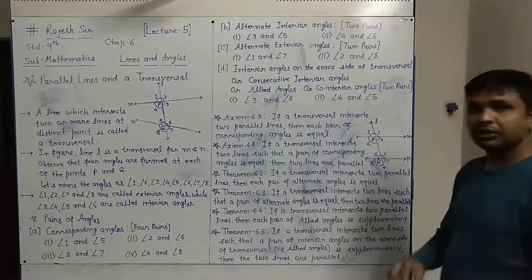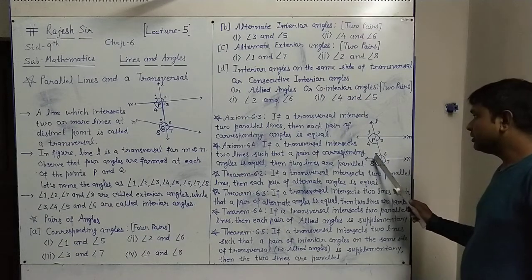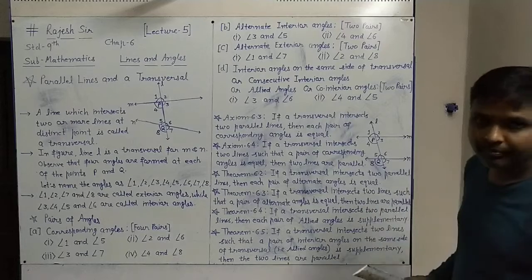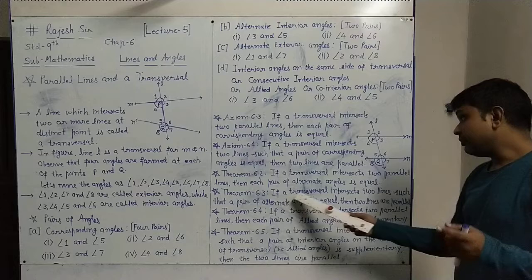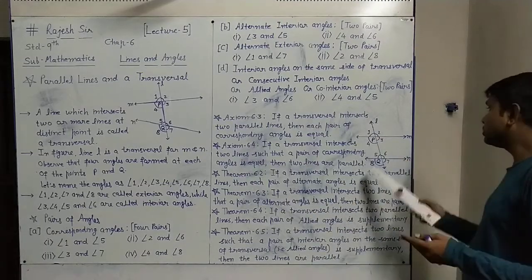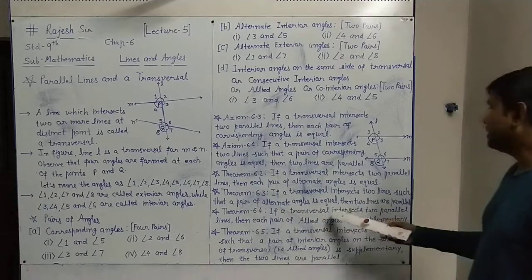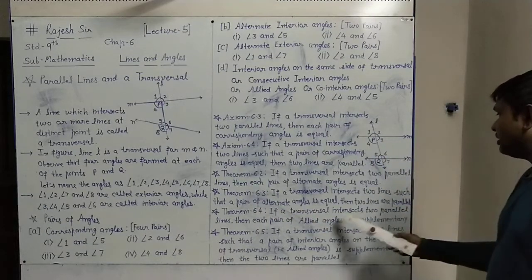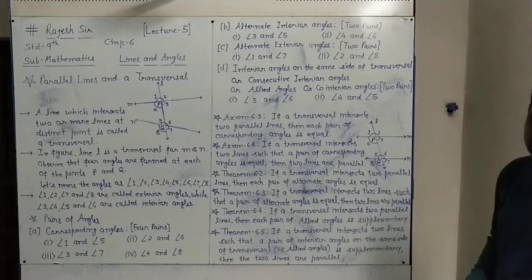And 6.3, in short, is: if alternate angles are equal, these two lines are parallel. So precisely, if a transversal intersects two lines such that a pair of alternate angles is equal, then the two lines are parallel.